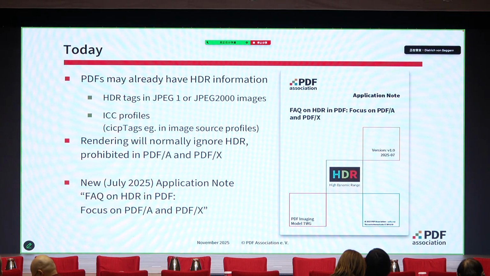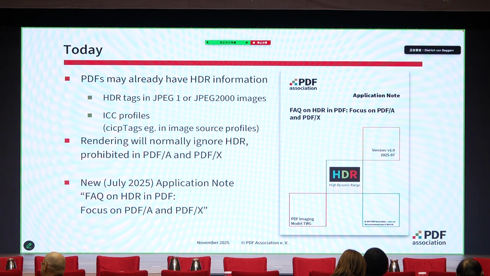PDF is a file format, 1,000 pages of specification, but it's also a container format that can have other files in it. In this context, most importantly, a PDF file has images in it, in various formats.